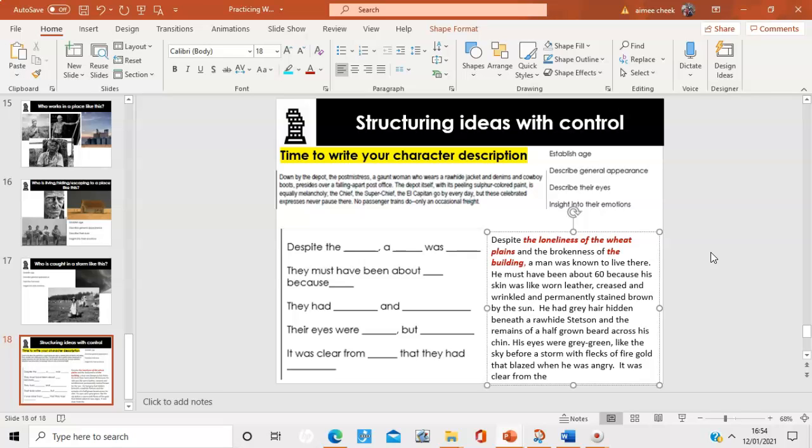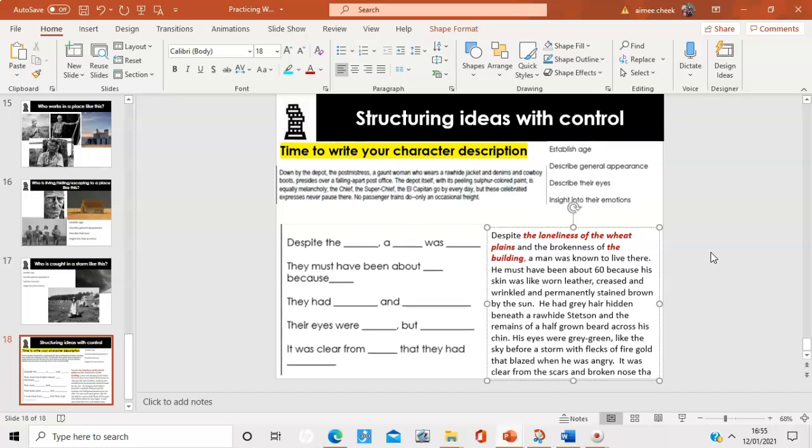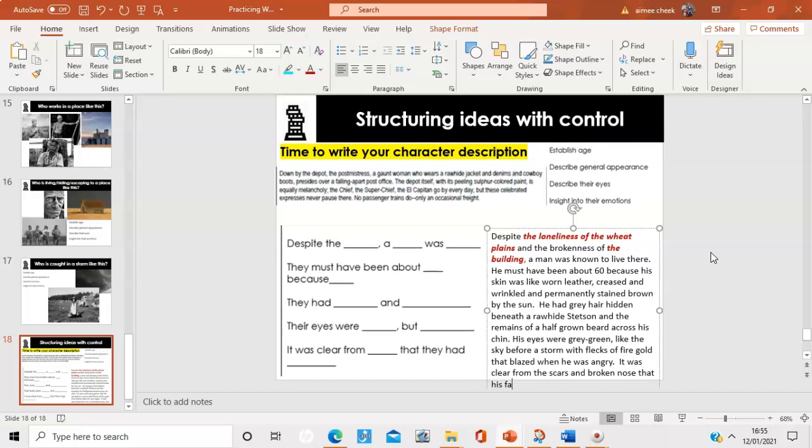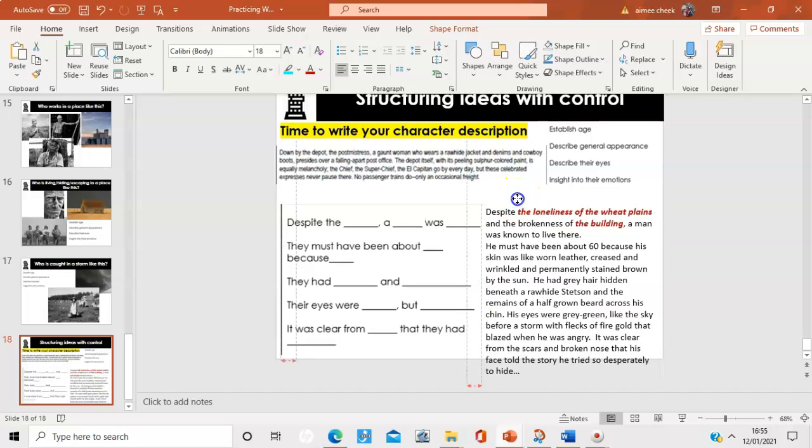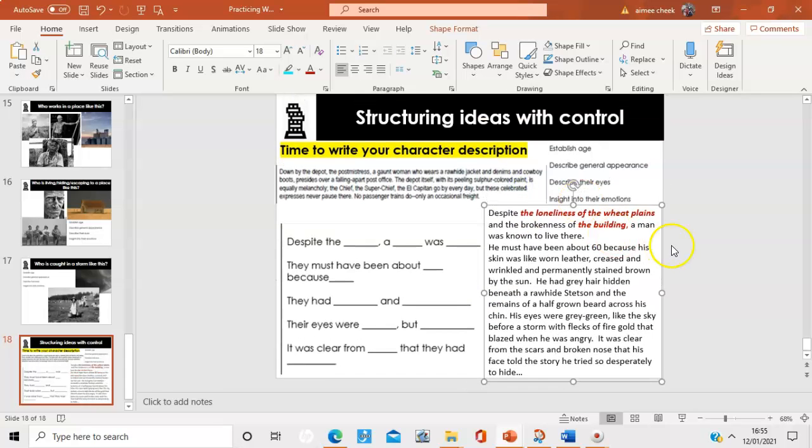So it was clear from the scars and broken nose that his face told the story he tried so desperately to hide. Okay, now, I quite like the idea that the face reveals that which he's trying to hide. He's hiding in this hut because he doesn't want anybody to know his story.